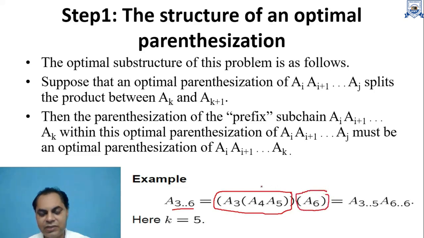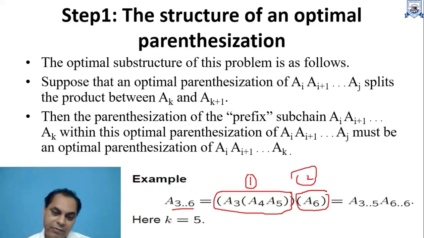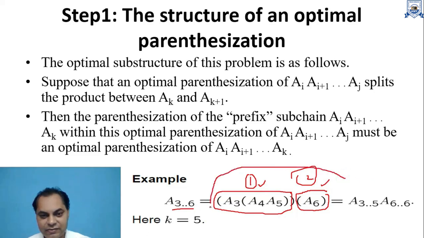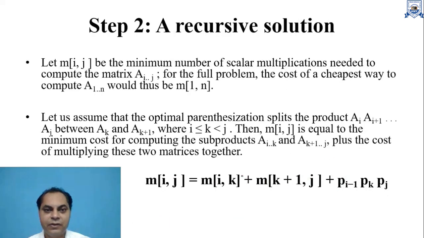So the whole problem is divided into two subproblems. This is the first subproblem and this is the second subproblem. In order to find the optimal solution of this problem, we have to solve this subproblem first and then this one, and after getting the solutions, we multiply these two to find the solution of the whole problem. This is the optimal substructure.